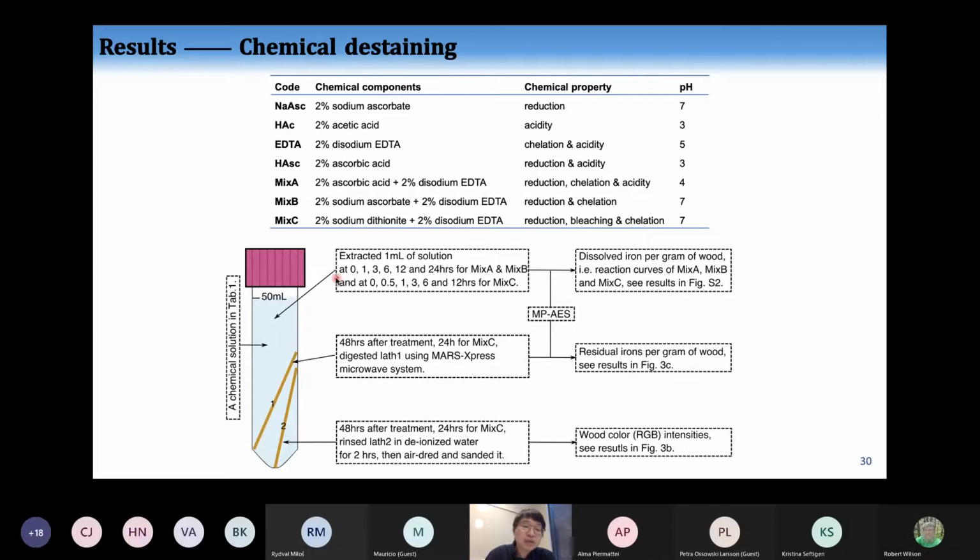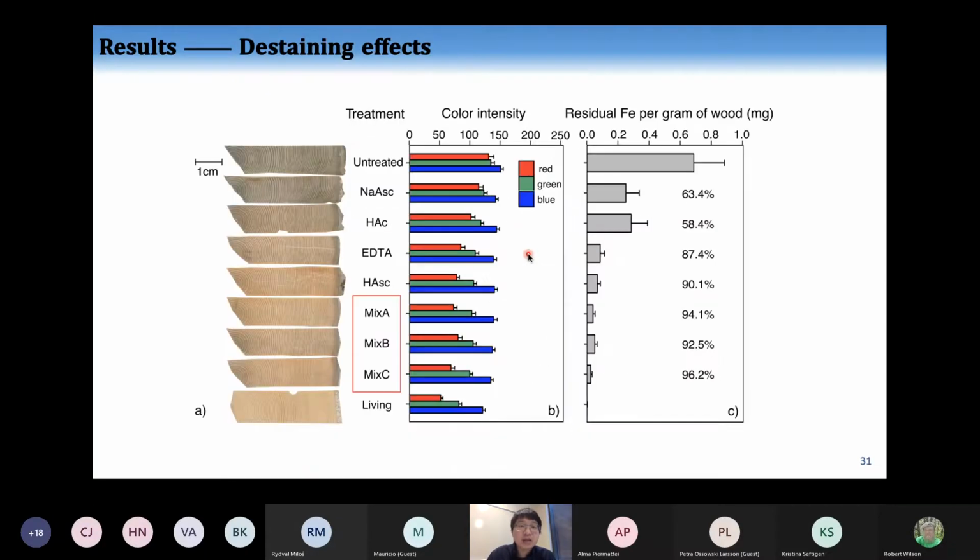I also sequentially extracted solutions at different times for the 3 best protocols in order to describe their reaction curves. And this slide shows the destaining results. We could find that different regions could have different destaining effects, and the 3 chemical mixtures showed the best destaining results, although the colors of these woods are slightly different from that of the living tree.